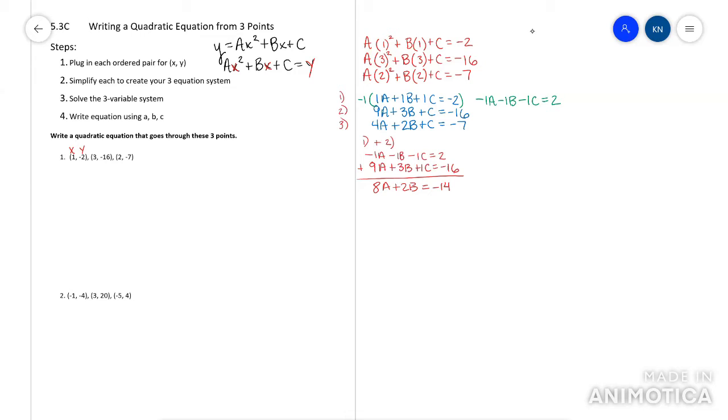Now I could eliminate it again using this, and now instead of equation 2, equation 3. So like my new equation 1 plus equation 3 look like this.